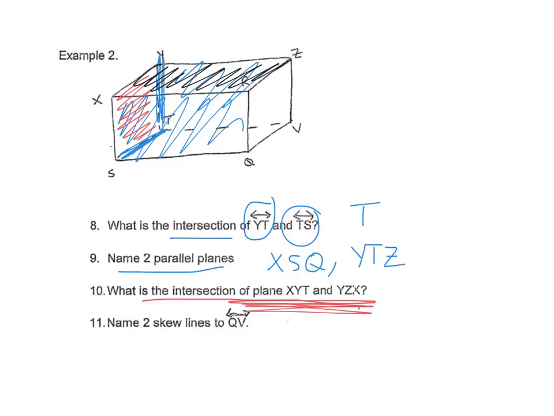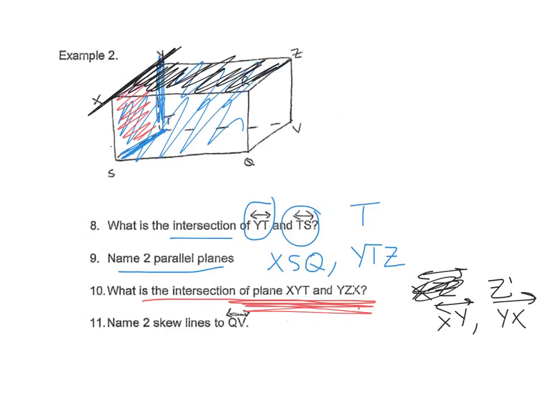So where the black and the red come together is at the line. The line is YZ, so you need to write a line YZ. Or actually ZY is fine too.